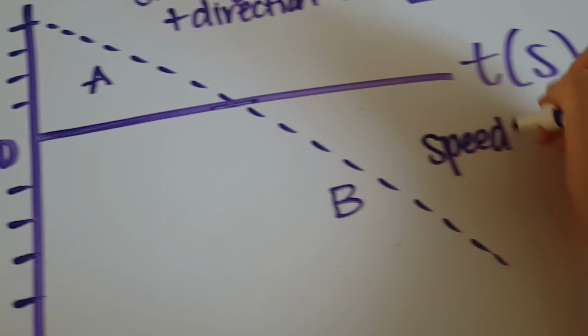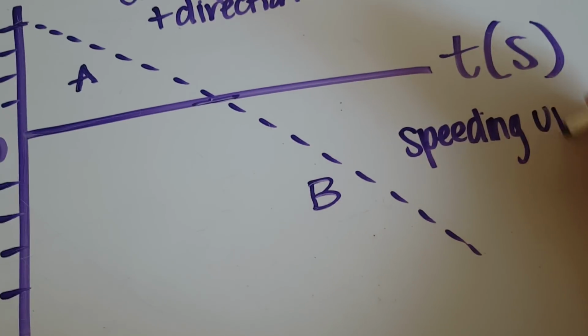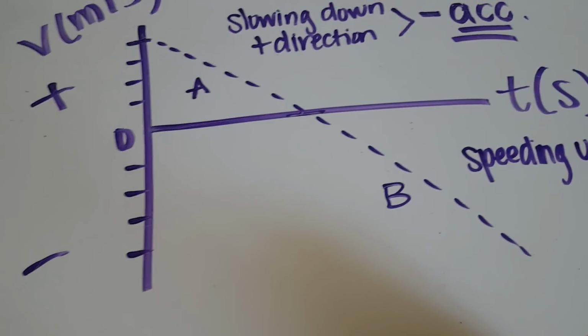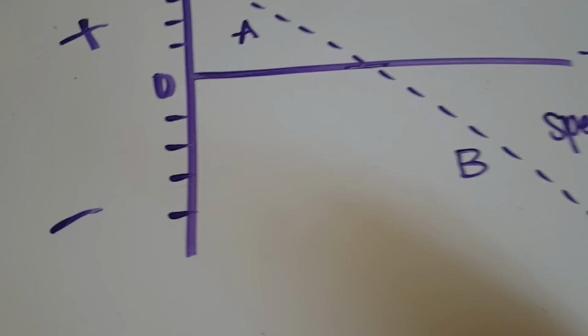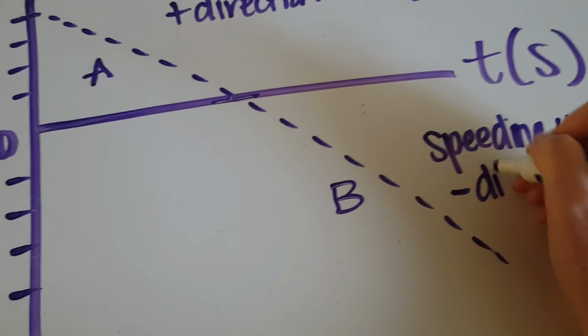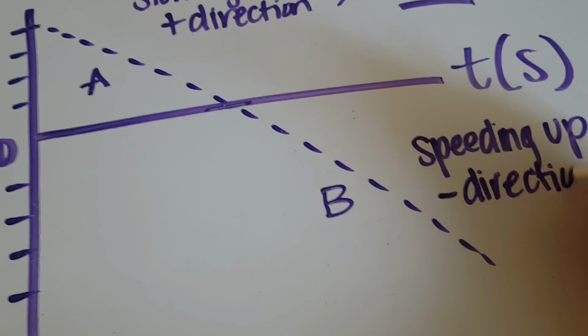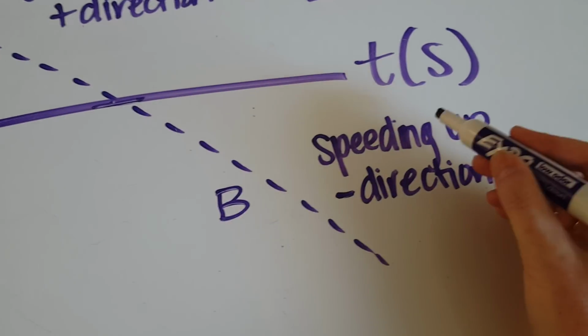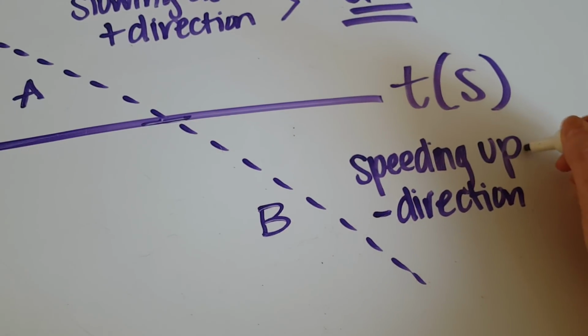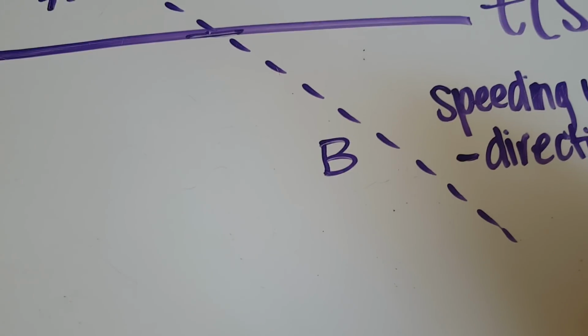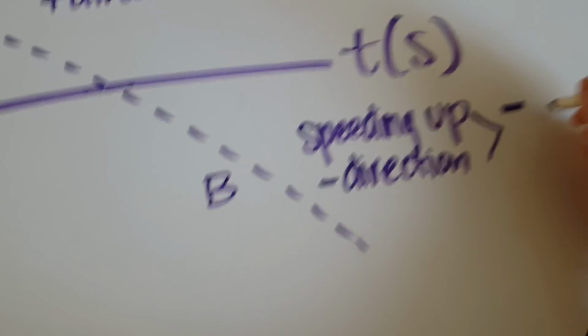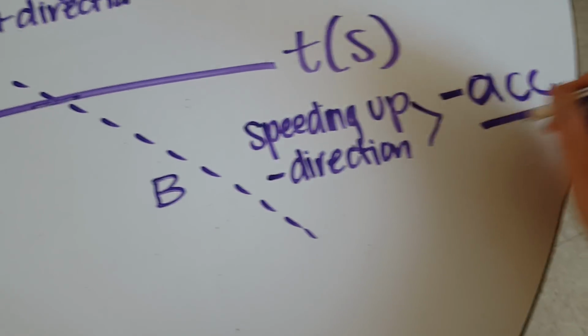You're speeding up, or you're moving further away from 0 meters per second. Well, now the line of part B is below the x-axis in the negative quadrant, so that's considered a negative direction. If I am speeding up, but in the negative direction, the combination of those events results again in a negative slope and again in a negative acceleration.